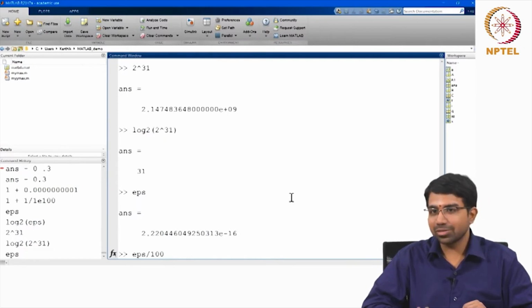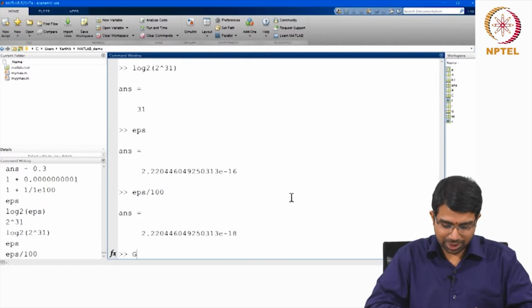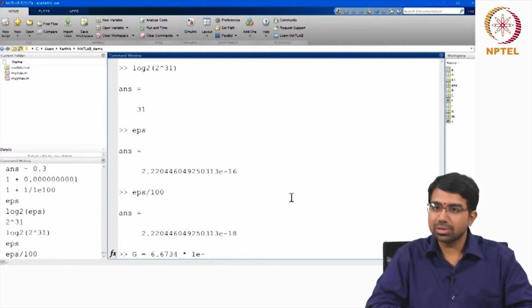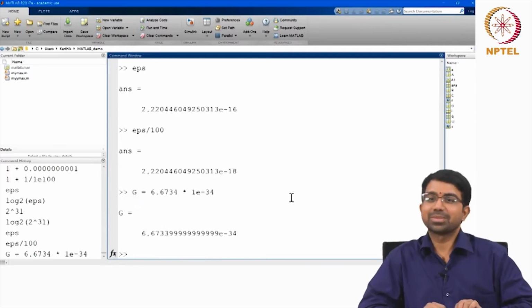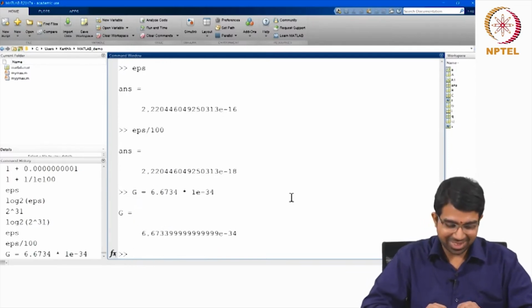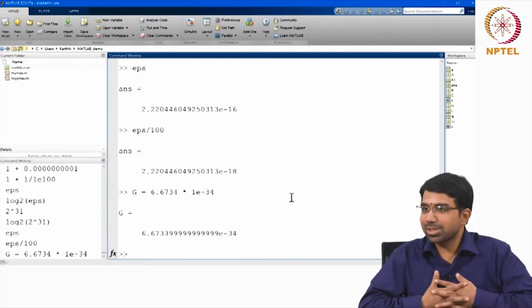If epsilon by 100 were 0, then you could never say G, the gravitational constant, is 6.6734 into 10 to the minus 20 or so. Right, so you need those small numbers to be represented.